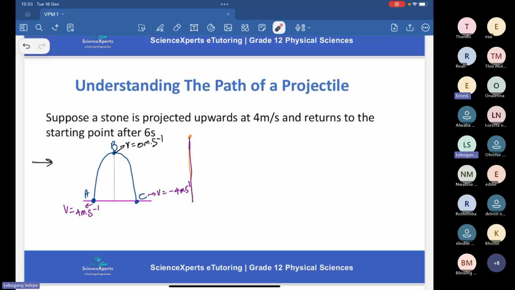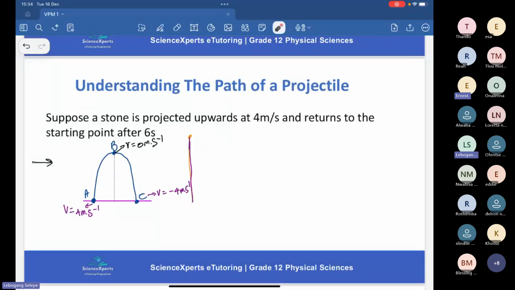So if we're considering the velocity as the gradient, and AB is an increasing gradient, and then BC is a decreasing gradient, because the axis of symmetry is the mirror reflection. What I find confusing is, if velocity is the gradient, why is the velocity for AB and BC the same, because we did mention that when the object goes down, the velocity is going to increase because the object is speeding up.